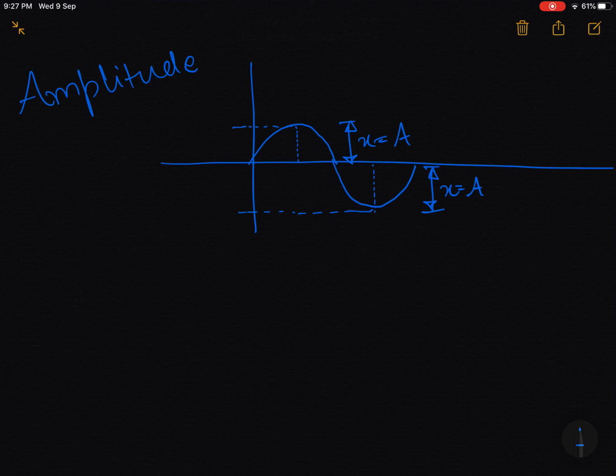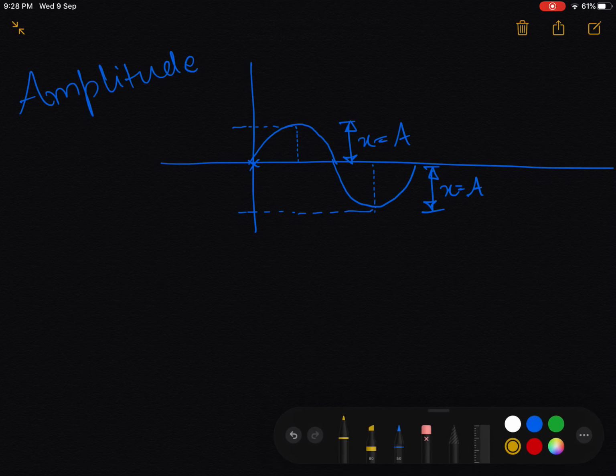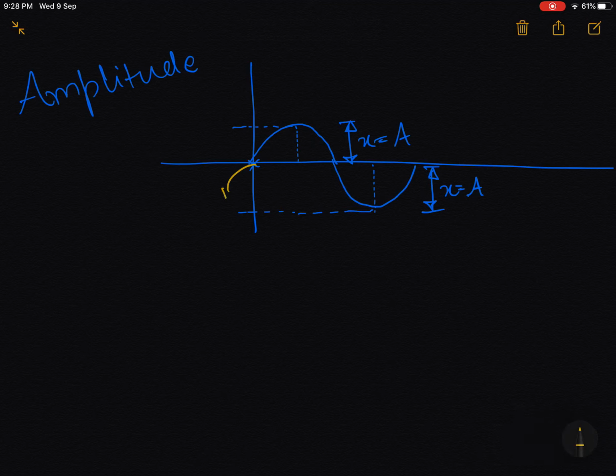So what is time period? It is very simple. The time period is the time taken by an alternating current to complete one cycle of its variation. If this point is my 0 second, starting from this point, whatever time my current takes to reach back to that same position on this graph.